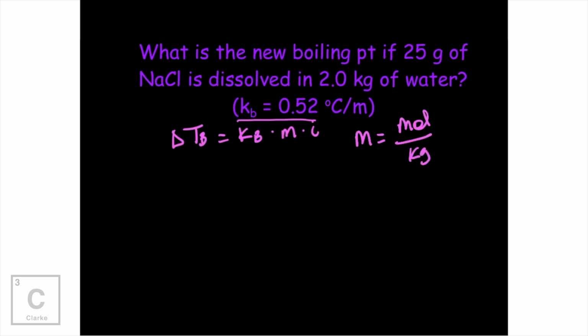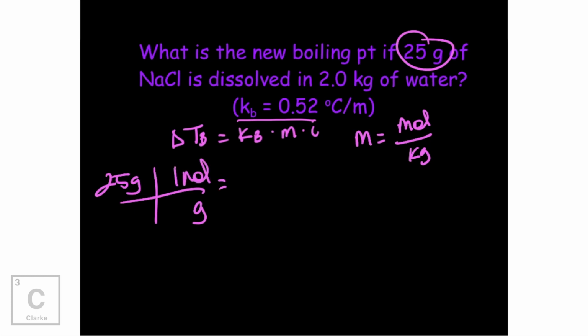So let's start there. When we reread this problem, it doesn't talk about how many moles of sodium chloride is dissolved. It's talking about how many grams. So we're going to have to convert that. We've got 25 grams of NaCl. Grams is on top, so I'm going to put grams on bottom. 1 mole goes on top because it's the mass of a mole, molar mass. Now we need to add up 1 Na and 1 Cl, the molar mass.